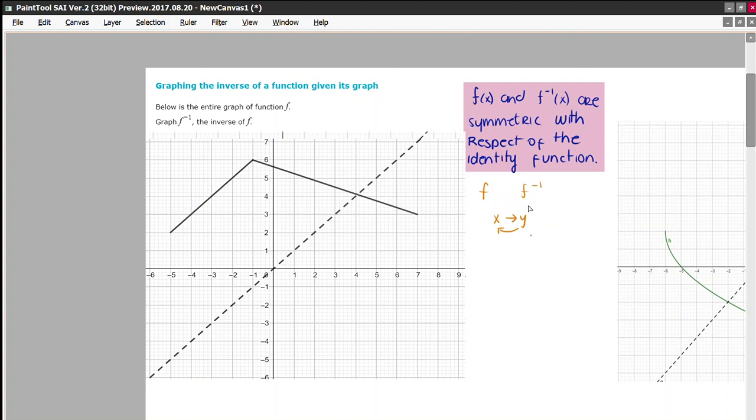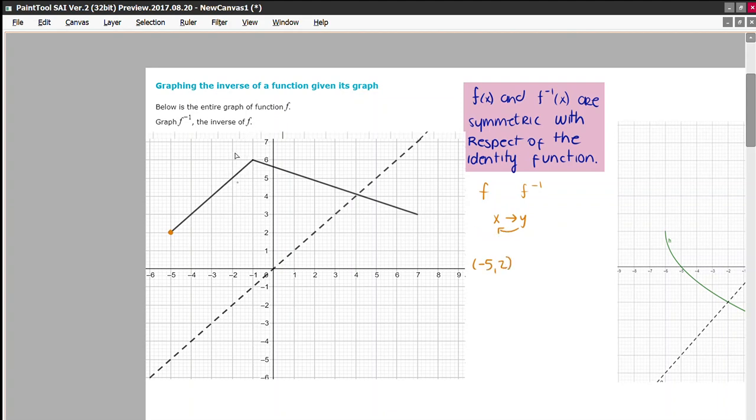So the first thing we have to do to graph the inverse function is to identify coordinate points in the function f. Looking at my graph here, I can see that for x equals -5, my function has a value of 2. So I can start writing these points.